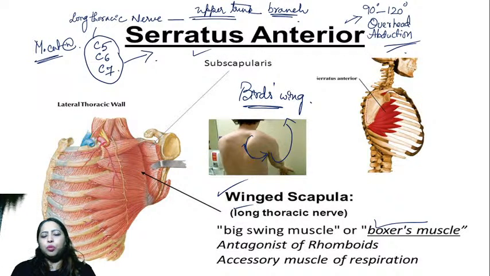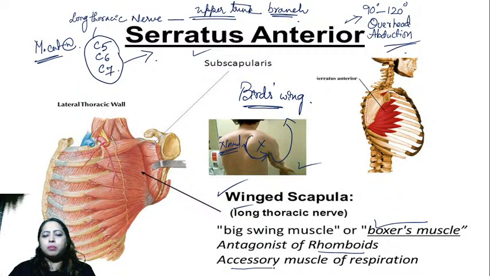You can ask him to do some push-ups, or you can ask him to push the wall like he's doing now. By looking at his serratus muscle or looking at the scapula itself, you can identify this is normal. This is not normal. And the antagonist to this serratus is rhomboid muscle.